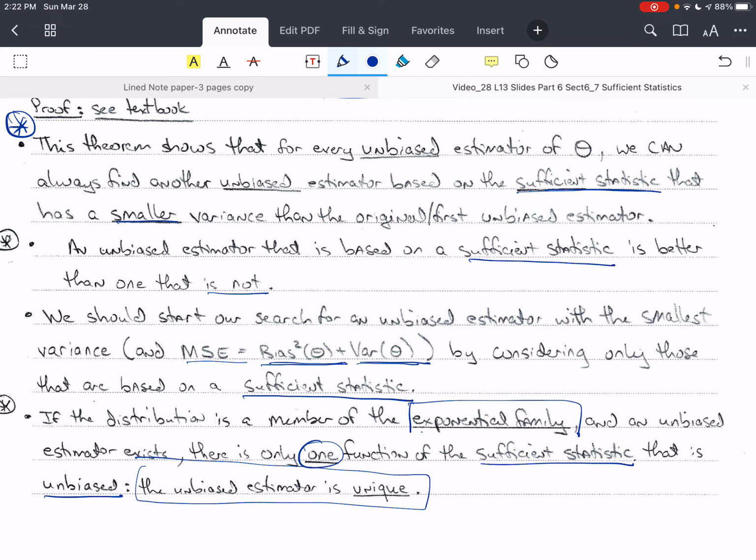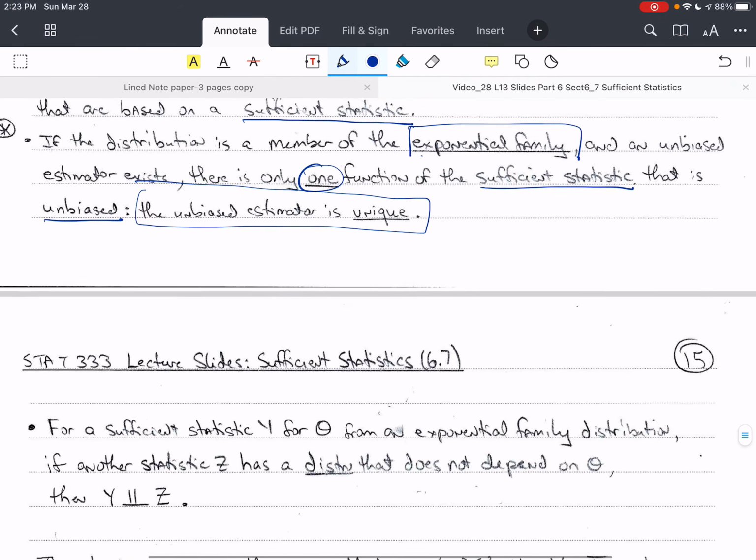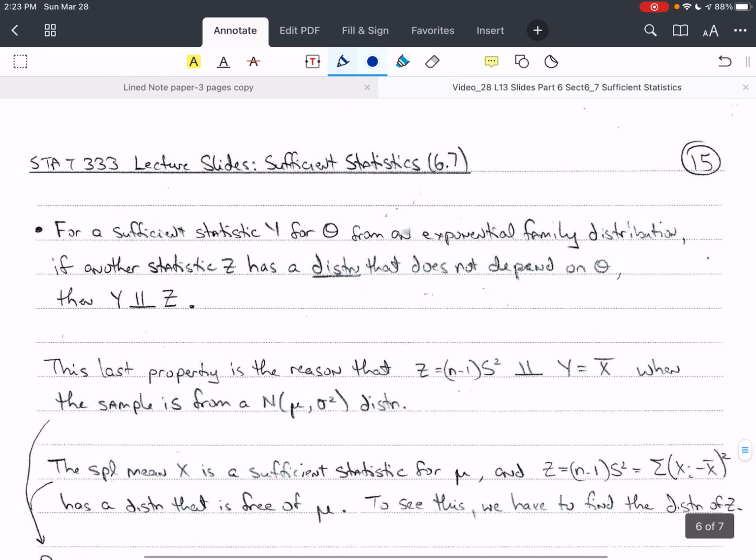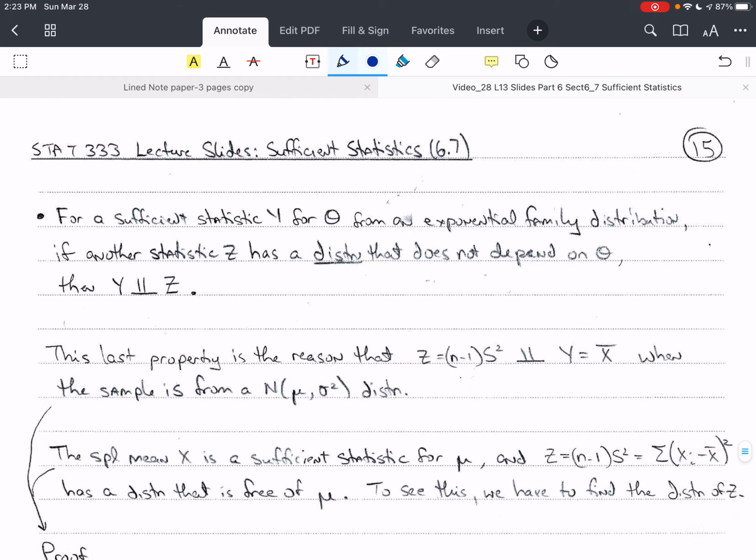So those are all ramifications of this Rao-Blackwell theorem, which makes it very important. Also, for a sufficient statistic Y for theta from an exponential family distribution, if another statistic Z has a distribution that does not depend on theta, then Y is independent of Z.